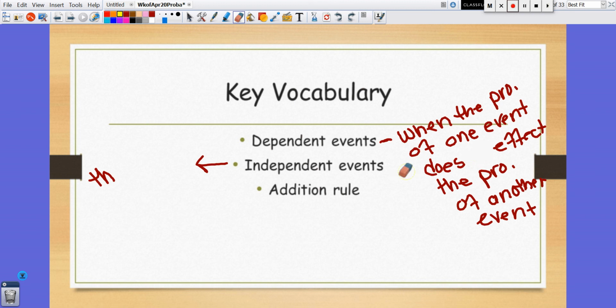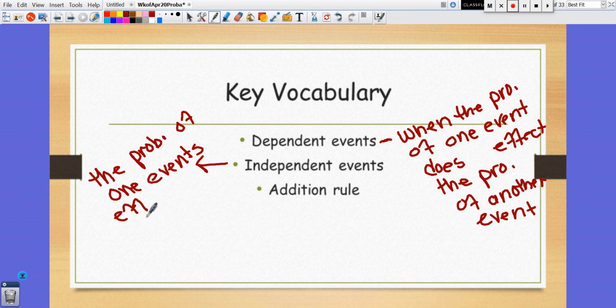It does affect the probability of another event. Independent events means the probability of one event affects the probability of another event. Look over the English, guys, just get the idea of what I'm saying.